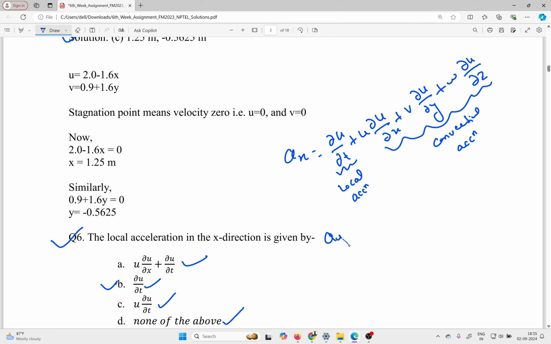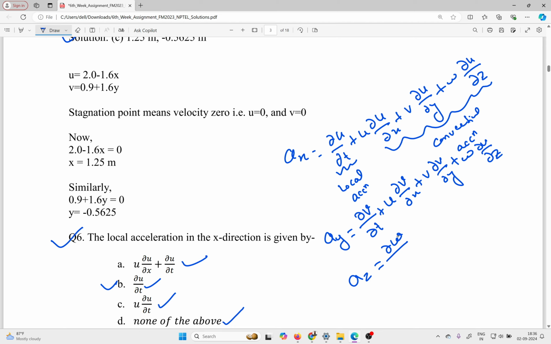Now if I want to write the y direction, definitely here del v by del t plus u del v by del x plus v del v by del y plus w del v by del z. For the z component, basically in x direction your velocity is u, in y direction your velocity is v, and in z direction your velocity component is w.